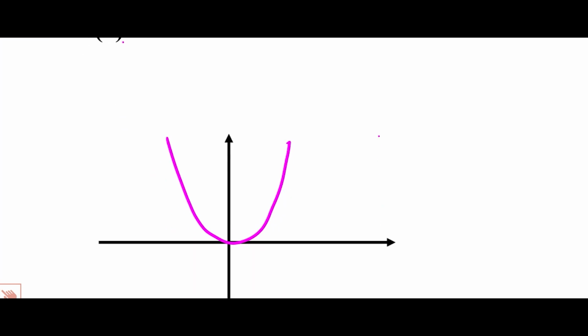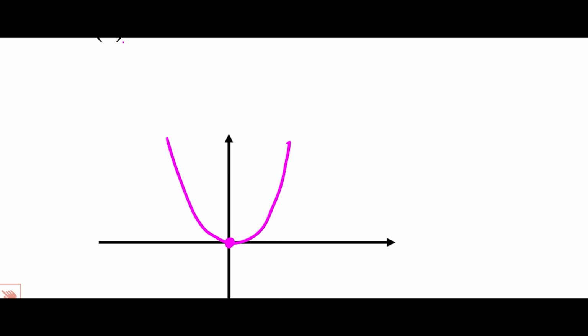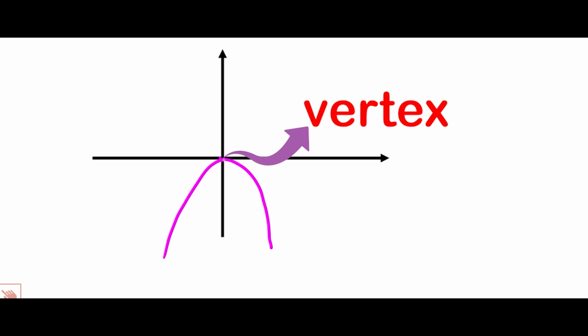The most important point on a parabola is called the vertex. The vertex is the highest point or the lowest point of the graph. If the parabola opens upward like this, the vertex is the minimum point here, and if the parabola opens downward like this, the vertex is the maximum point here.